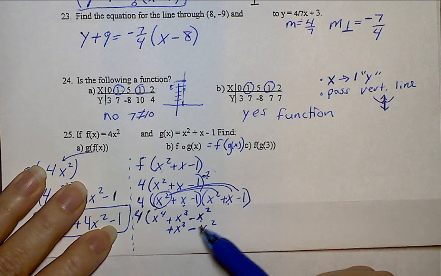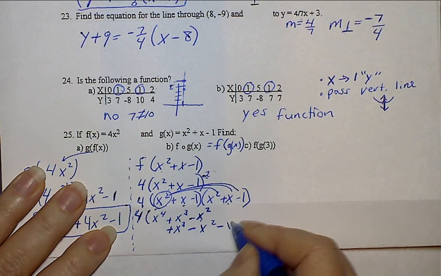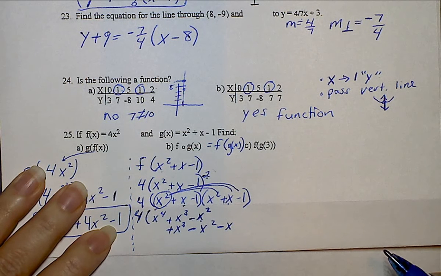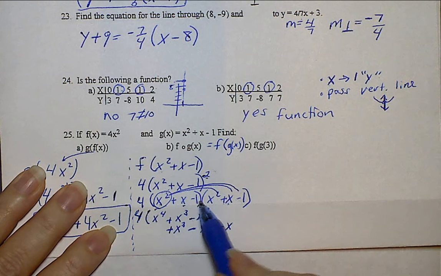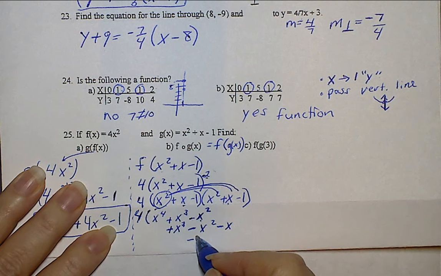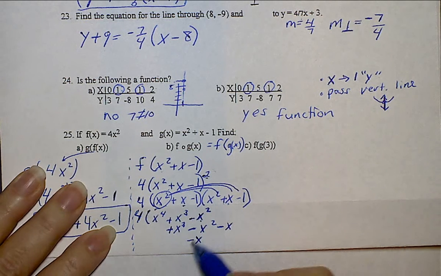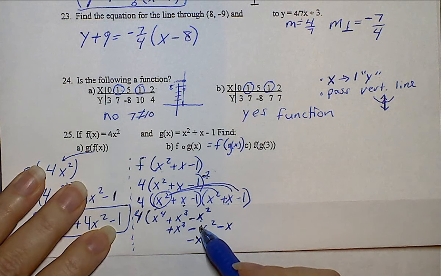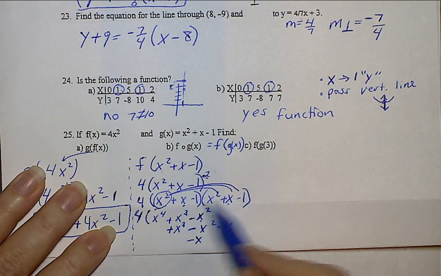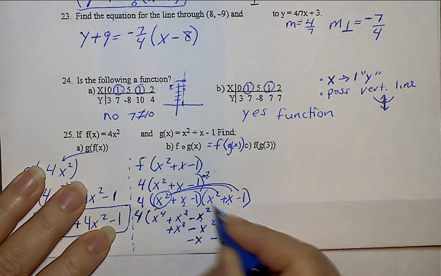And then x times my negative 1 is negative x. Then negative 1 times x squared, and then we have negative 1 times x gives me a negative x. And then a negative and a negative is a positive 1.